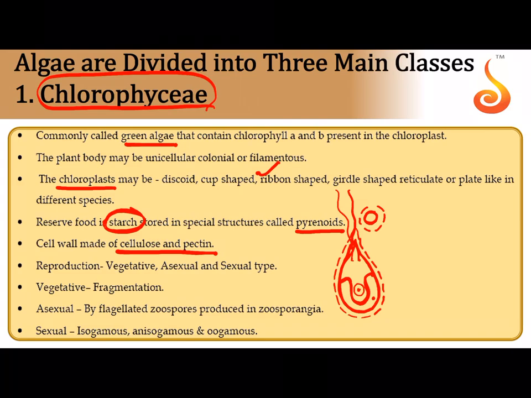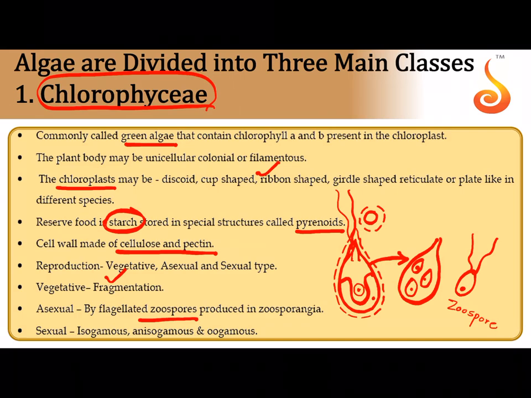Then reproduction is by fragmentation, vegetative, and in asexual reproduction this particular cell itself will undergo division of the protoplasm inside the cell. See how the cytoplasm inside the cell is dividing into tiny spores. Each spore is pear-shaped or teardrop-shaped and has two flagella, and this is what is referred to as the zoospore.